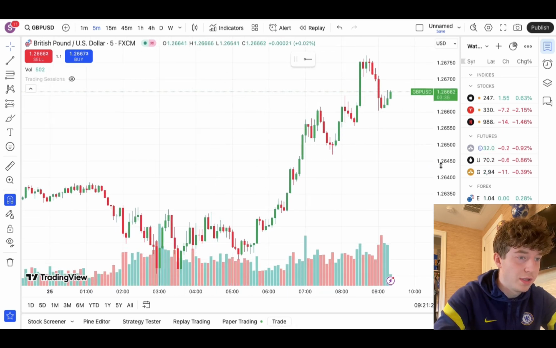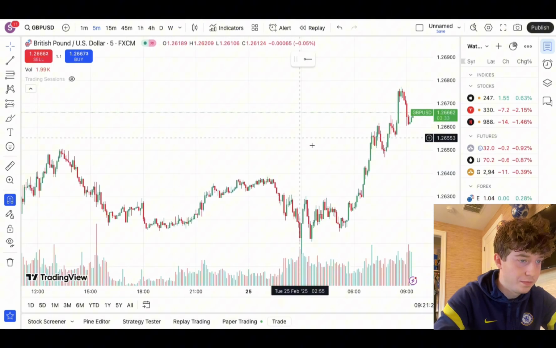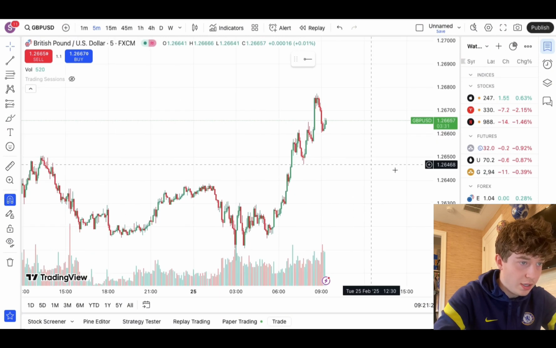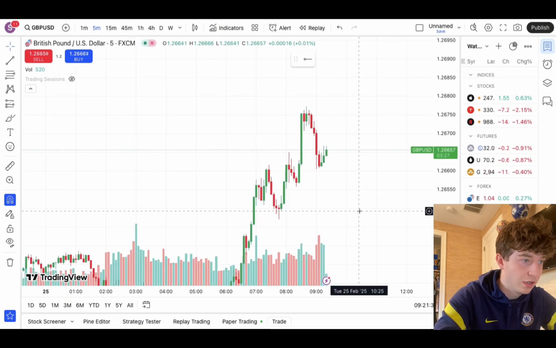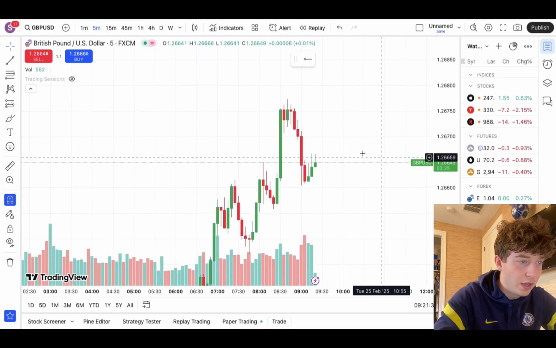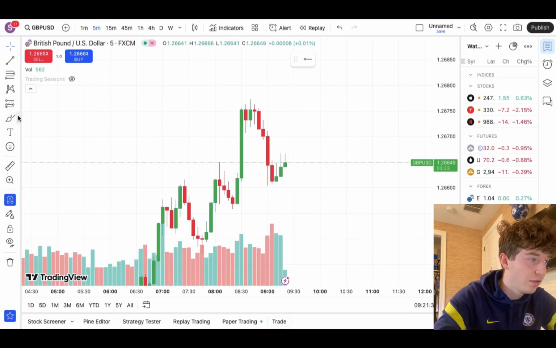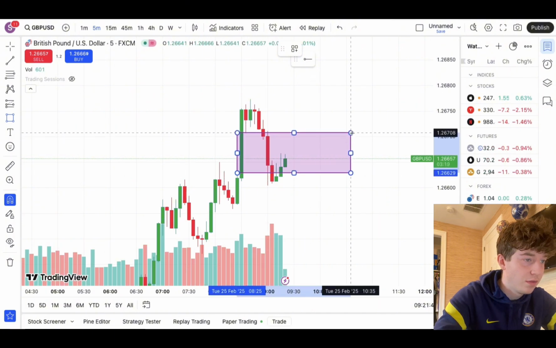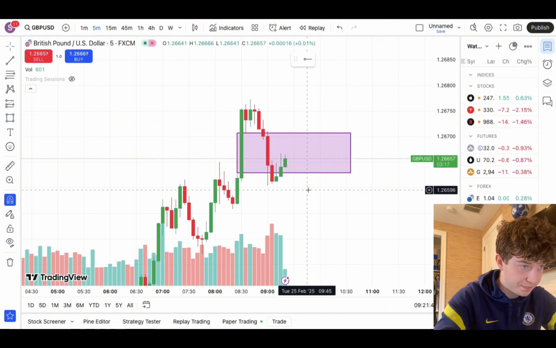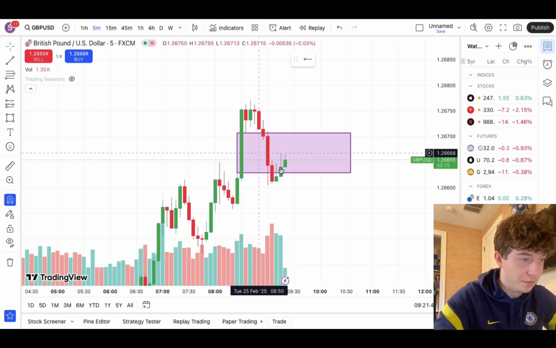As you can see here, we are currently in an uptrend. We had this fair value gap that got filled.